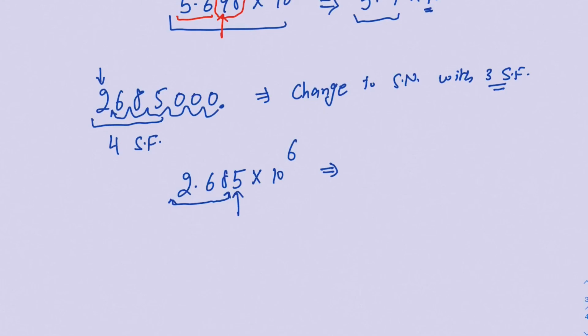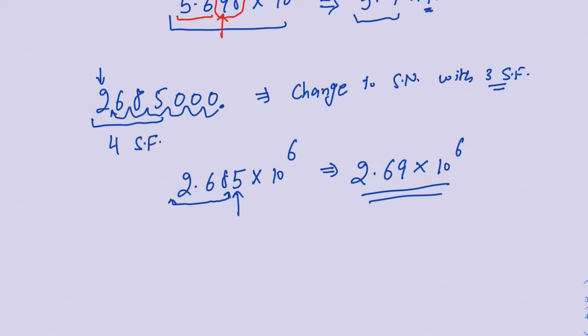Now, when I drop this 5, since this is 5, I have to increase this 8 by 1. So this is going to be 2.69 times 10 to the 6. All right, so that's how you're going to be converting this number into scientific notation.